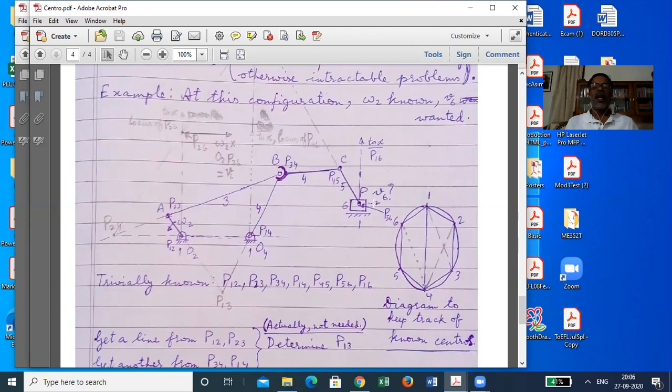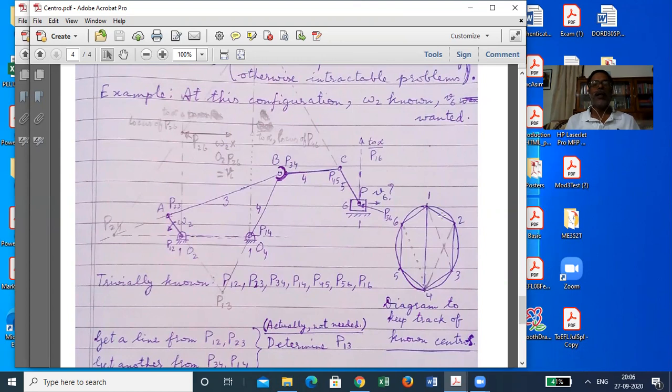Okay. And so in this auxiliary diagram, we make note of those. For every link, we make a point on this circle: 1, 2, 3, 4, 5, 6. And we have located P12, so here we connect 1 and 2. That shows schematically that P12 has been located.